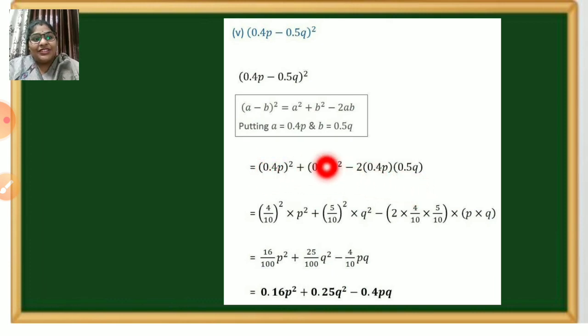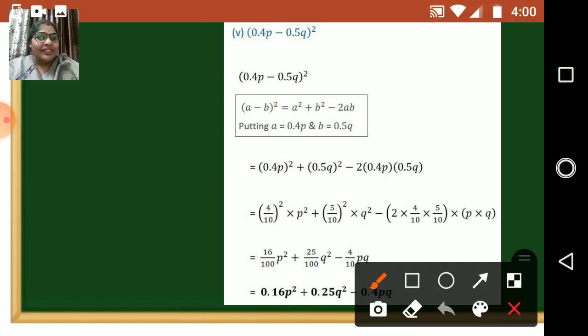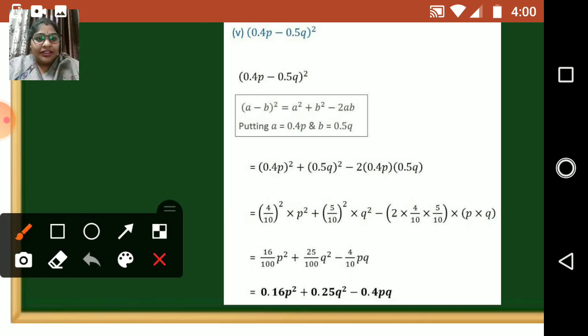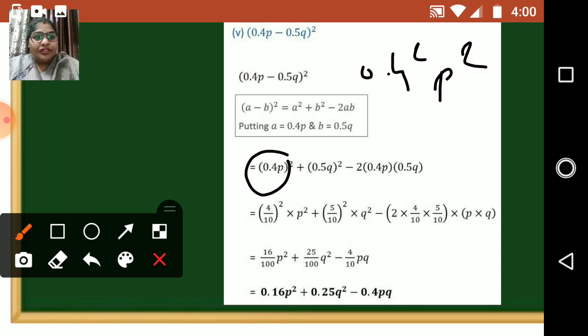You have to just find the values here, children. 0.4 square is 0.16 and p square as it is. So first term we got here 0.16p square.